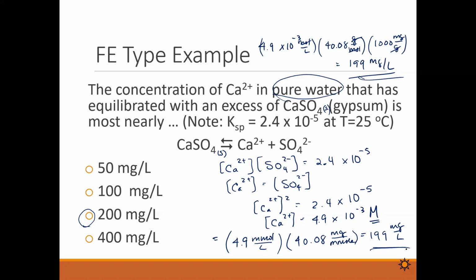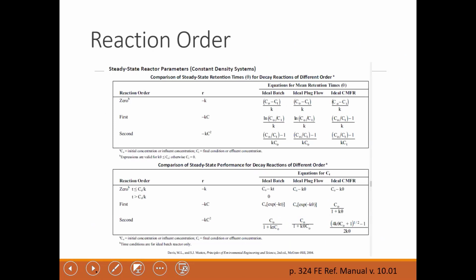Whatever is easier for you in terms of working these problems. You may also see problems looking at reaction order. Note here, this is the table from the reference handbook, and you're given the equations for zero, first, and second order reactions.